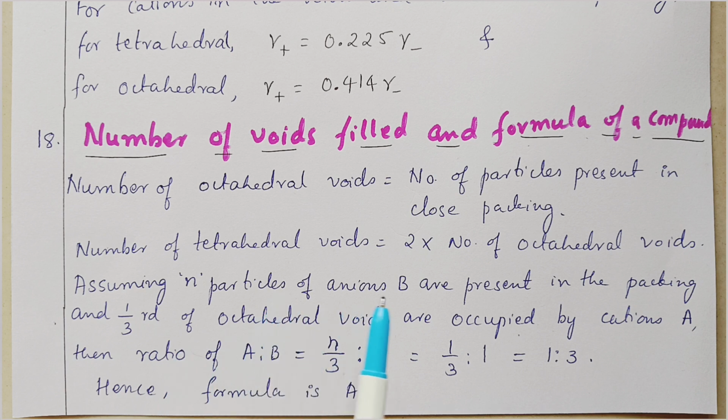Assuming n particles of anions B are present in the packing and 1/3 of octahedral voids are occupied by cations A, then the ratio of A to B would be equal to n by 3 is to n. So that is 1 by 3 is to 1. That is nothing but 1 is to 3. Hence 1 atom of A and 3 atoms of B. That's why the formula is AB3. AB3 would be the formula of a compound.